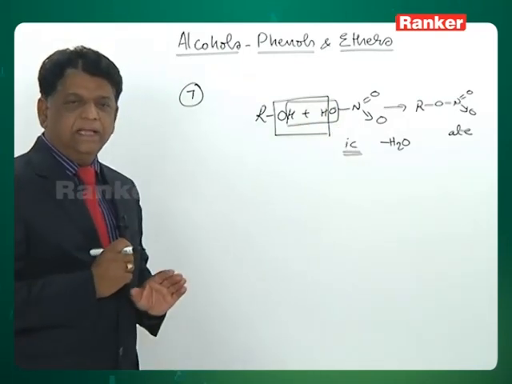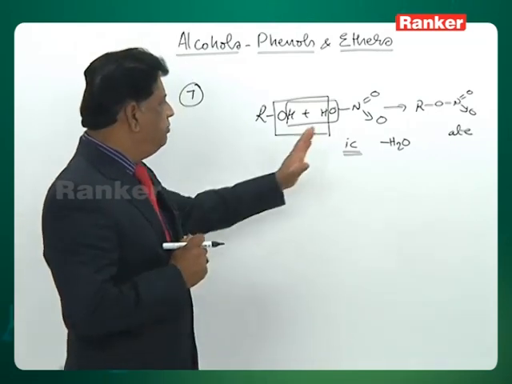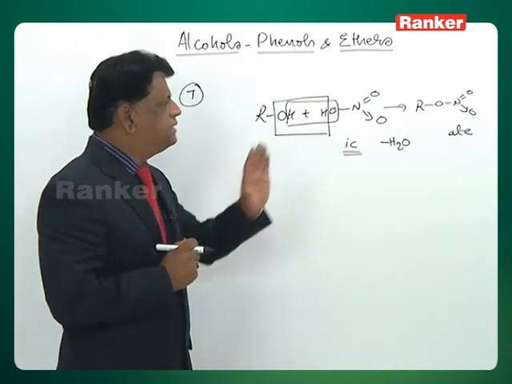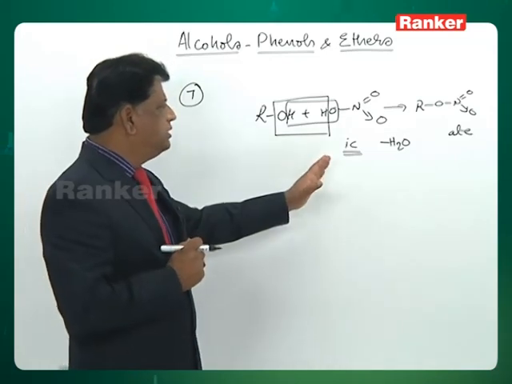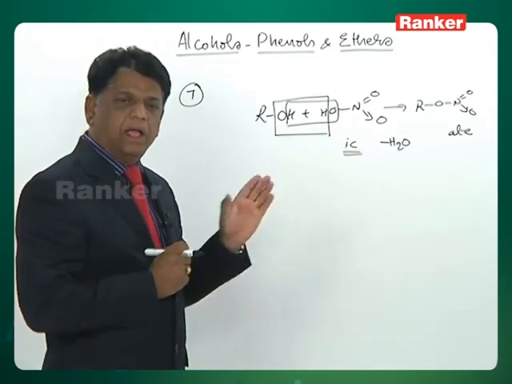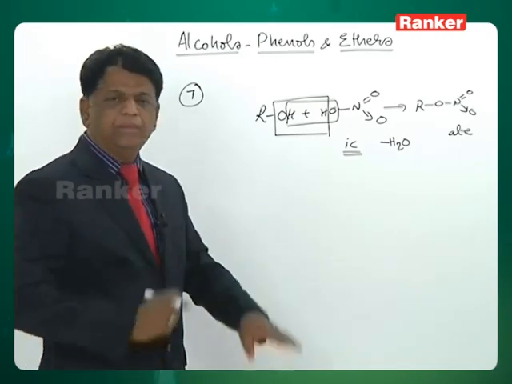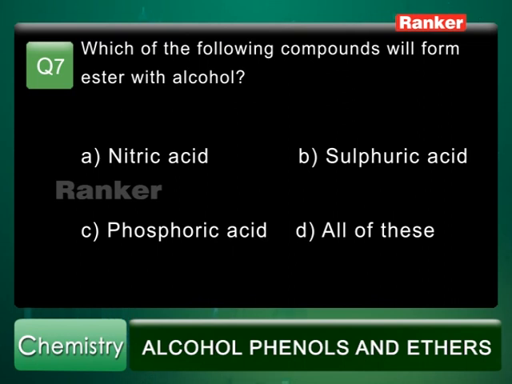Nitric acid, sulfuric acid and phosphoric acid are called mineral acids. So one mineral acid and one alcohol give the corresponding esters. "-ic" acids we are using, therefore "-ate"s are formed. Alkyl nitrate, alkyl sulfate, alkyl phosphate, corresponding types of esters are formed. So answer D is the right answer.